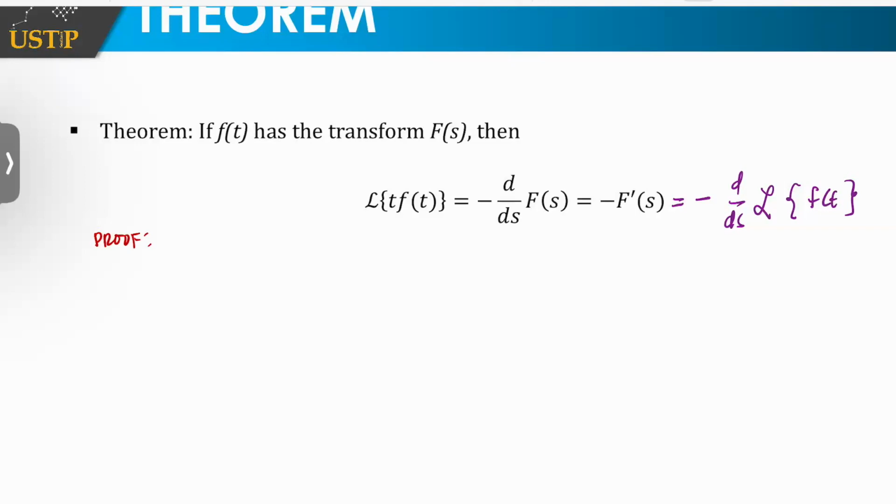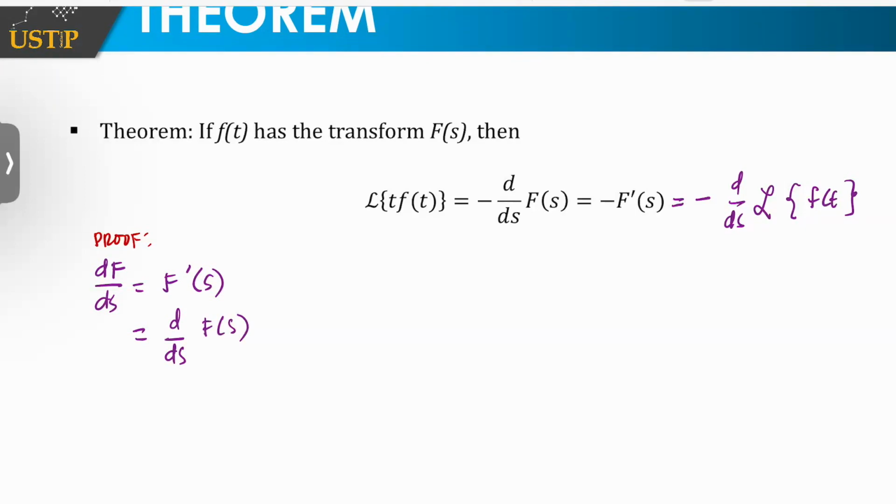Okay? So we will reverse a little, class. We know that the derivative of F with respect to s is your F prime of s, right? Now F prime of s, class, if we rewrite it, is the derivative of F of s with respect to s, right?